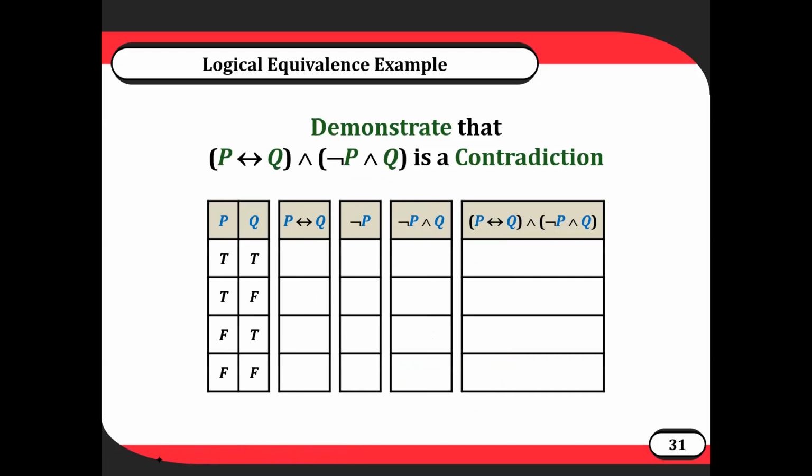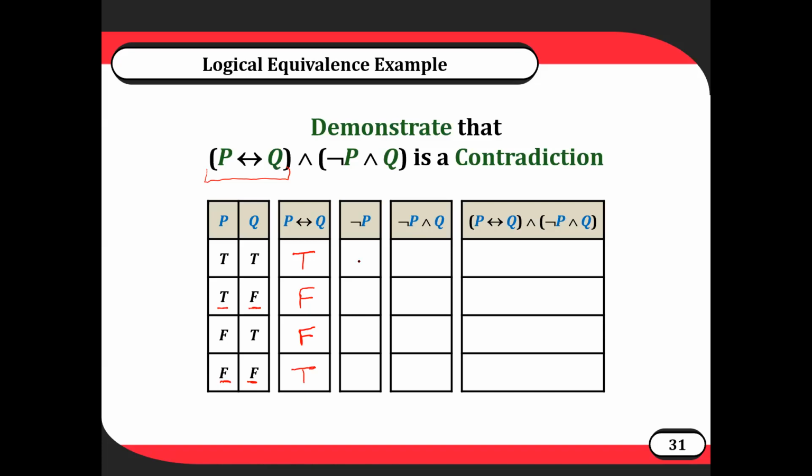All right, so here's a little more complicated expression. P if and only if Q, and not P and Q. Again, we take our sub-expressions and we evaluate them. As long as P and Q are both true or both false, that will be true. If they have different values, then it's false. And if they have the same value, even if it's false, then it's true.